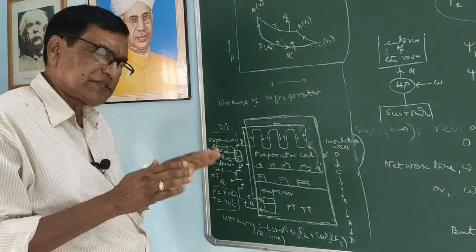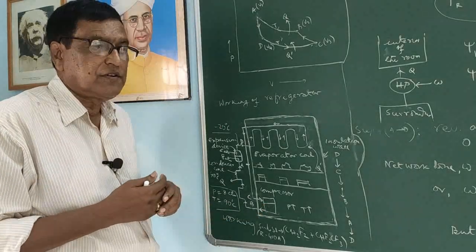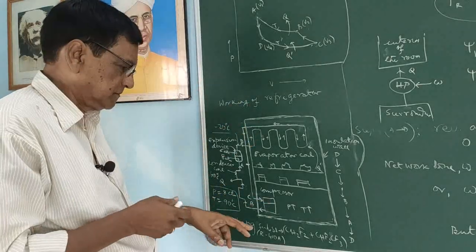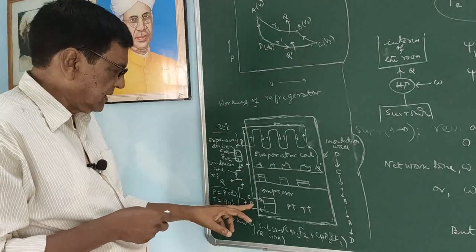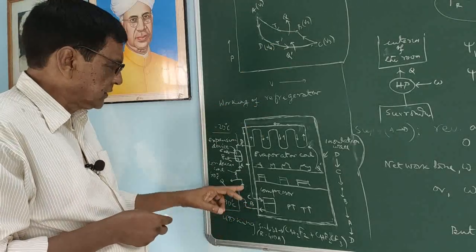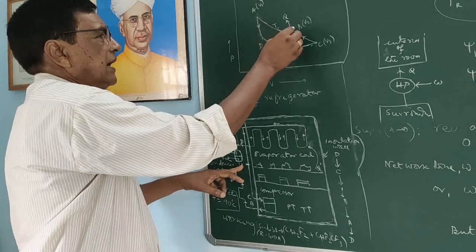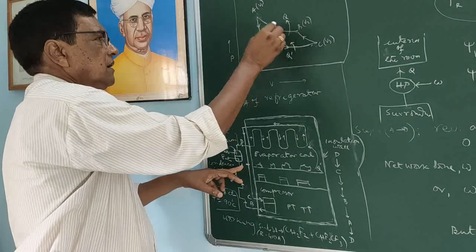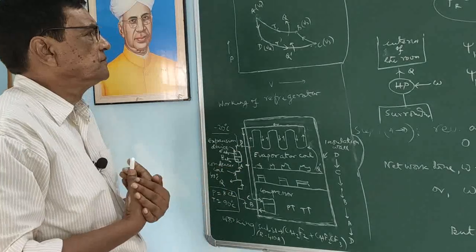The compressor takes electricity from this electrical plug and performs this work. And so from B again it comes to A, isothermal compression, and isothermal expansion.